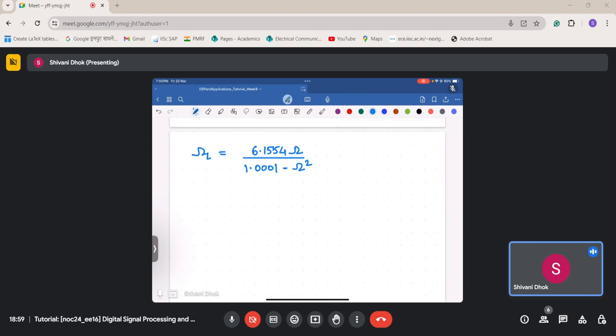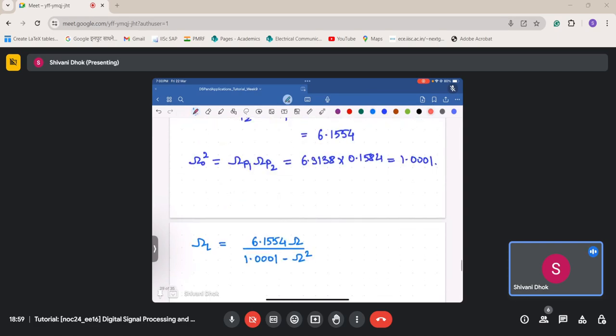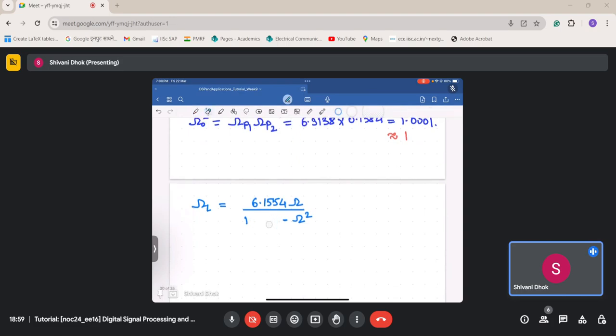Now this denominator is quite close to 1, so we can approximate it to be equal to 1. It's fine. So I can just write this as 1 minus omega square.